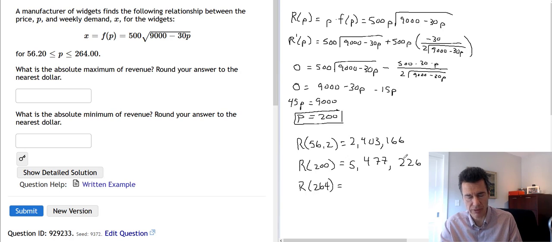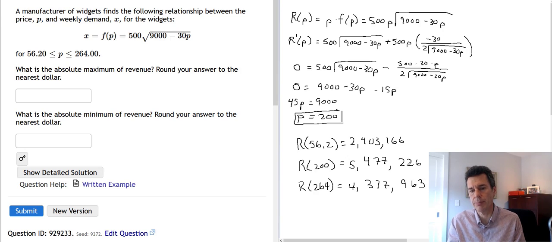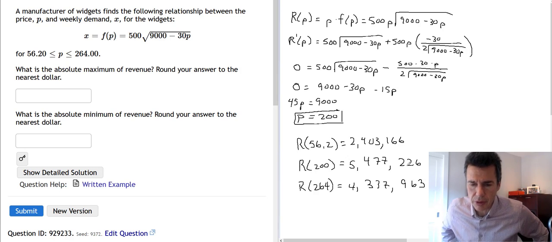And let's do 264, so that's 500 times 264 times the square root of 9,000 minus 30 times 264, and I get 4,337,963. Okay, so those are our revenues.